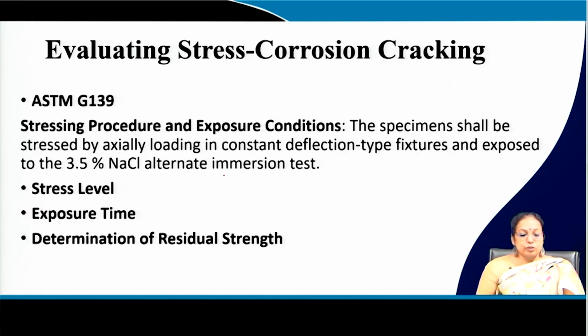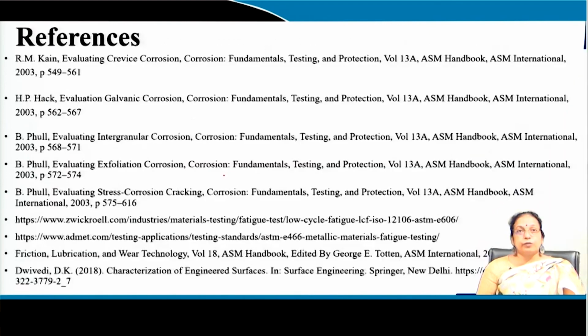For knowing the stress corrosion cracking behavior, you have to go for ASTM G139, where the stress corrosion cracking measurement is a quite lengthy process. It requires a lot of patience and also time; usually 1 to 2 months is required for knowing the stress corrosion cracking behavior of any component. So, these are the references which you can follow for the different types of testing used for the measurement of aqueous corrosion behavior of any component.